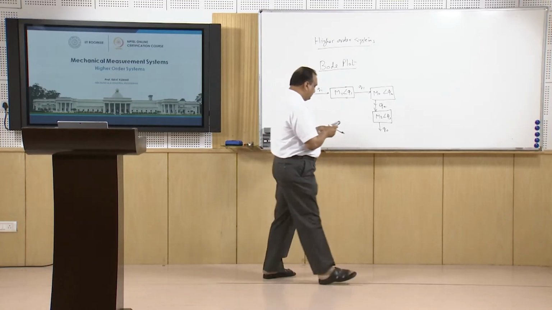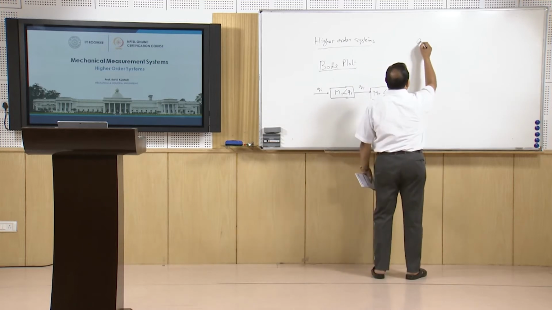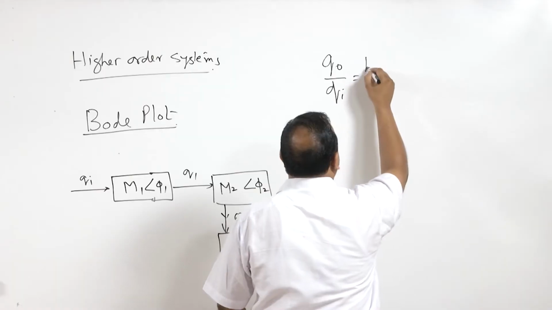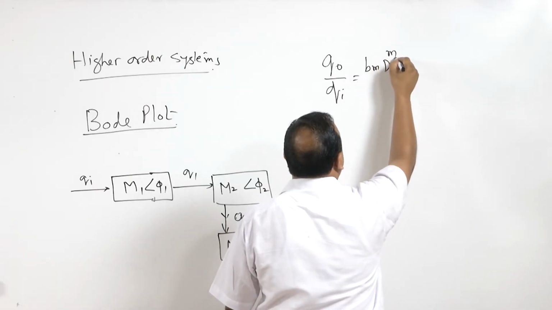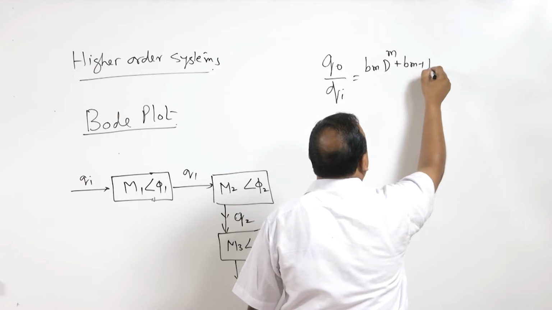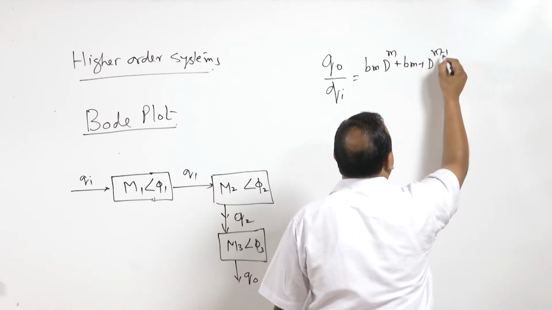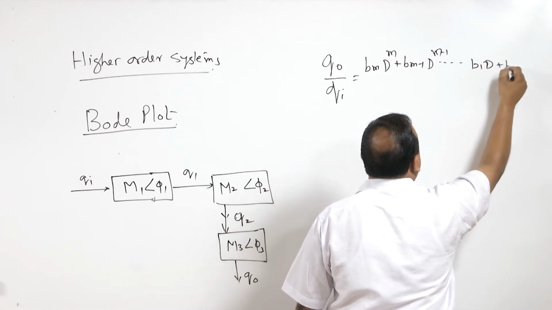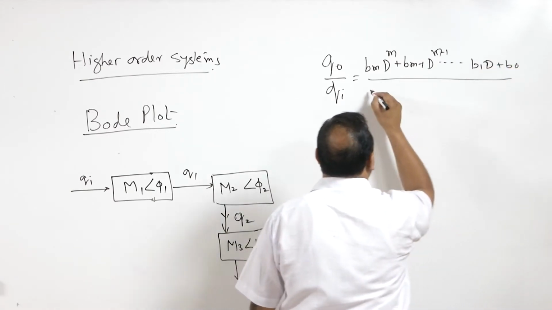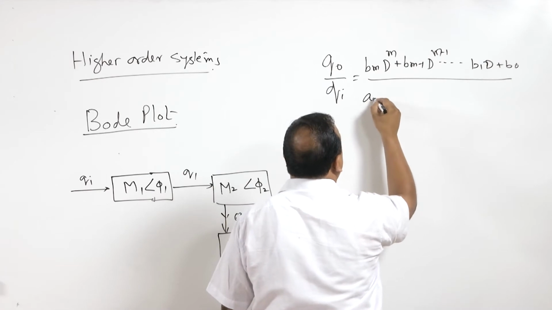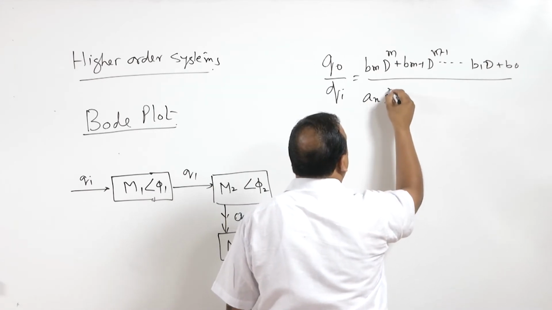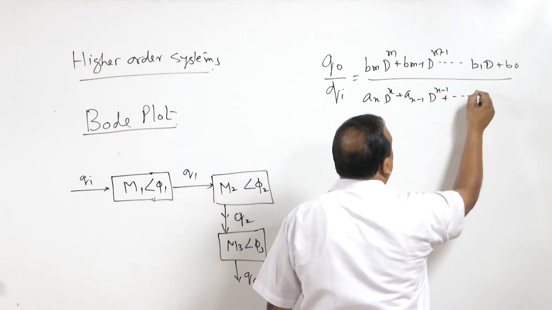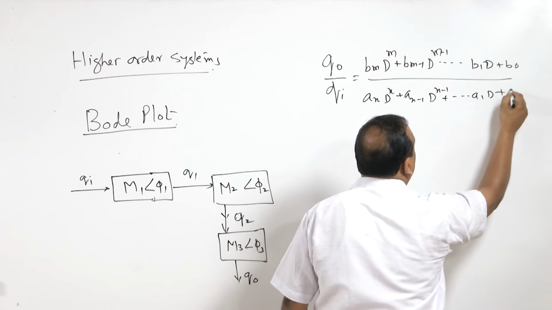For transient analysis, we have already done Qo upon Qi is equal to, if you remember, Bm d to power m plus Bm minus 1 d to power m minus 1 and so on up to B1 d plus Bo, divided by an d to power n plus an minus 1 d to power n minus 1 and so on up to a1 d plus ao.